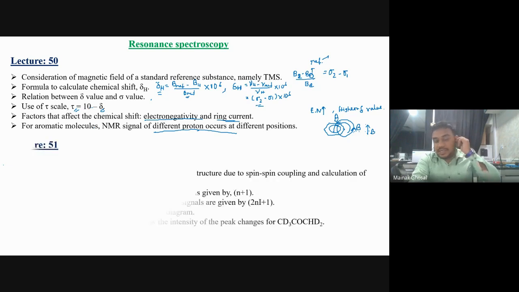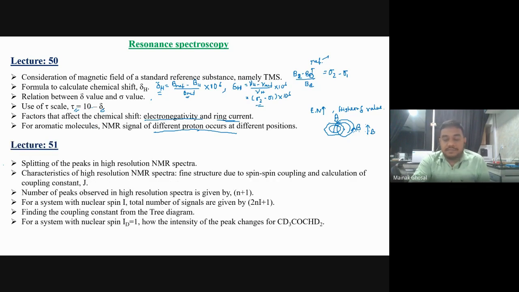In the next lecture, there was a discussion that if you look at this NMR spectrum in high resolution, you will see that all the peaks you are seeing as a single peak are actually divided. Okay. So in a high resolution NMR spectrum, it is seen that fine structures are there.